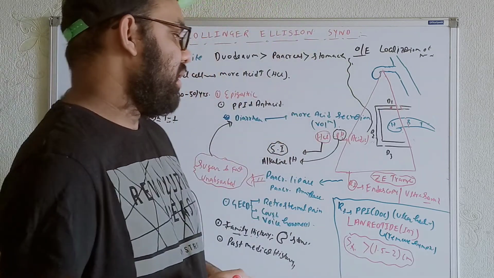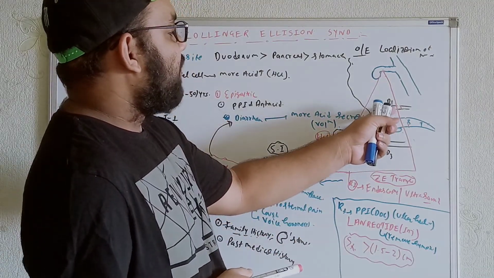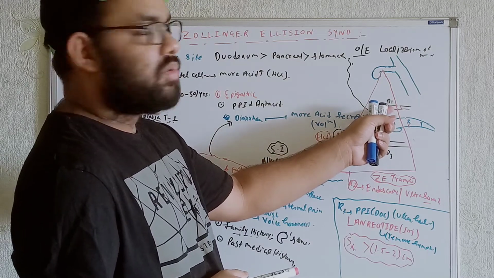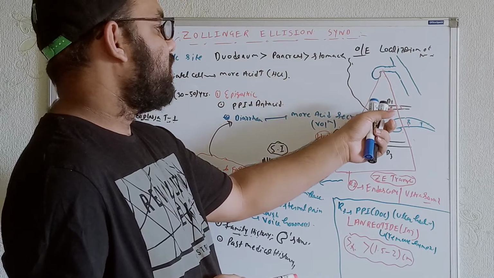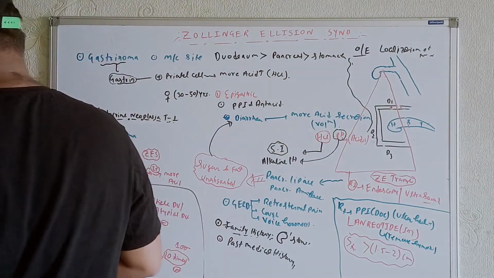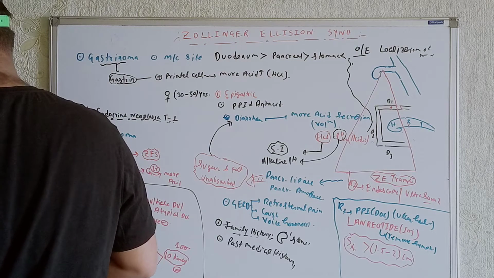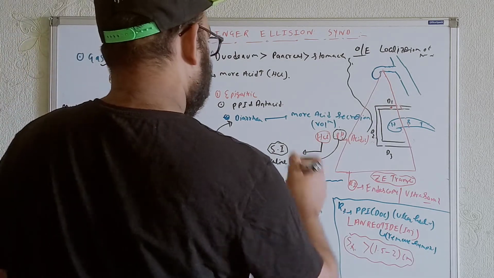Okay, that's the thing. Now sometimes these tumors, by the metastatic process, can go from these portions to the liver and cause a problem with metastasis in the liver. So for that, let's write it over here.